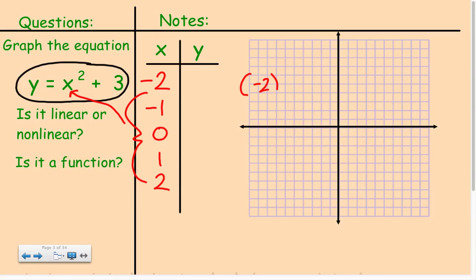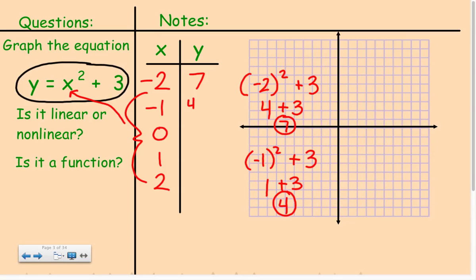So -2 squared plus 3. -2 squared is like -2 times -2, which is positive 4. 4 plus 3 is 7. -1 squared plus 3. -1 squared would be positive 1 plus 3 is 4. 0 squared plus 3 is 0 plus 3, which is 3. 1 squared is 1. 1 plus 3 would be 4. 2 squared is 4. 4 plus 3 is 7.